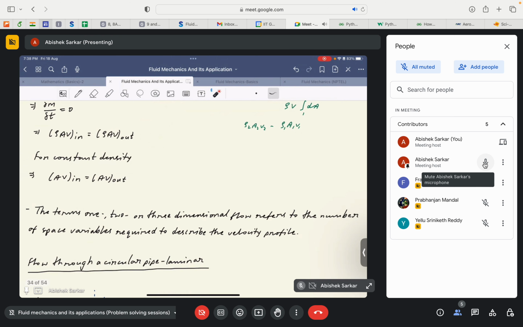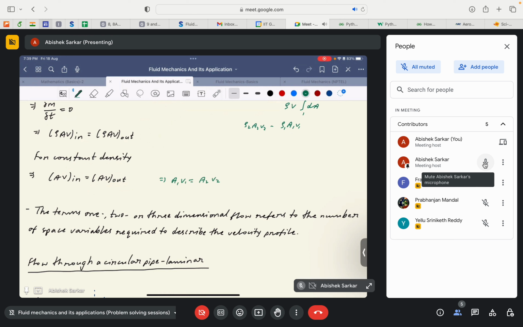Then again, for constant density, which is a very good assumption when dealing with highly incompressible fluids, for example water, which has very vast uses throughout the engineering field, this equation simplifies to AV in is equal to AV out. If the inlet is denoted by 1 and outlet by 2, we can simply write it as A1 V1 is equal to A2 V2.